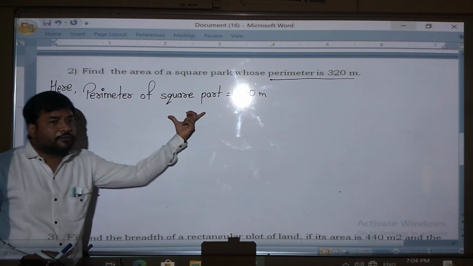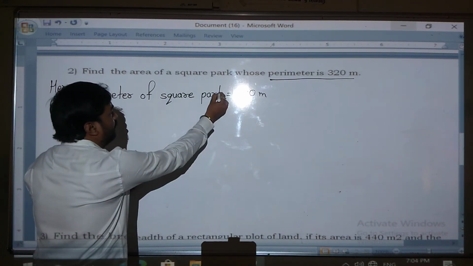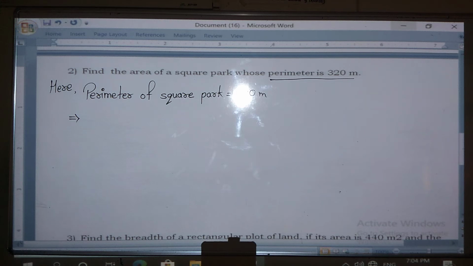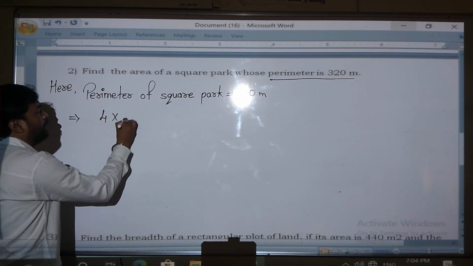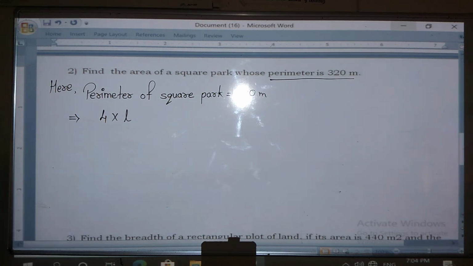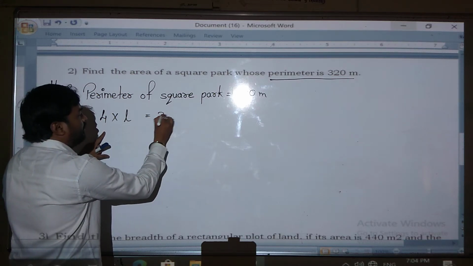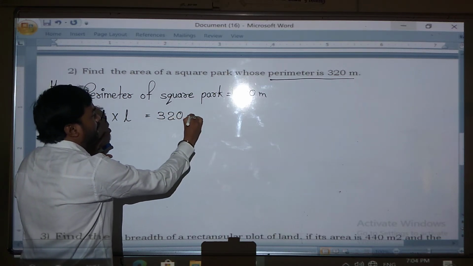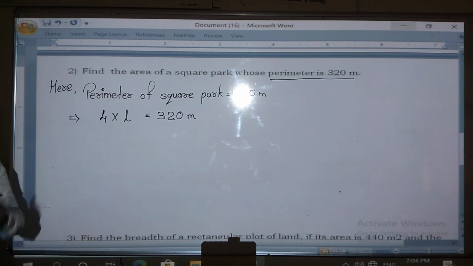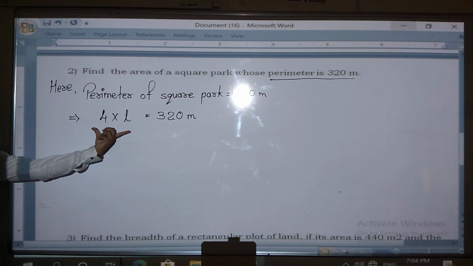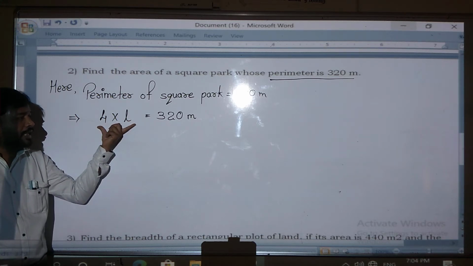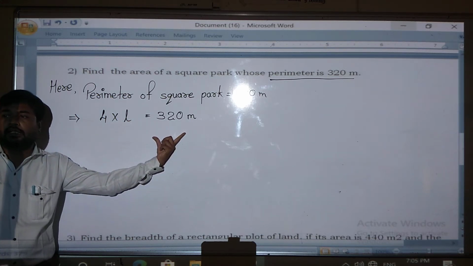What is perimeter of square park? 4 multiplied by L, which is same as 320 meter. Perimeter is given. So let's use the formula for perimeter. So from this I can easily get the length.